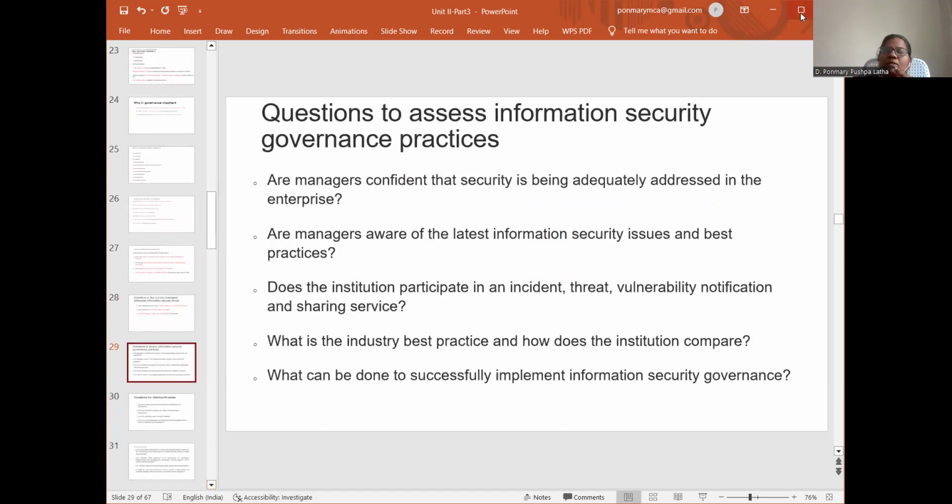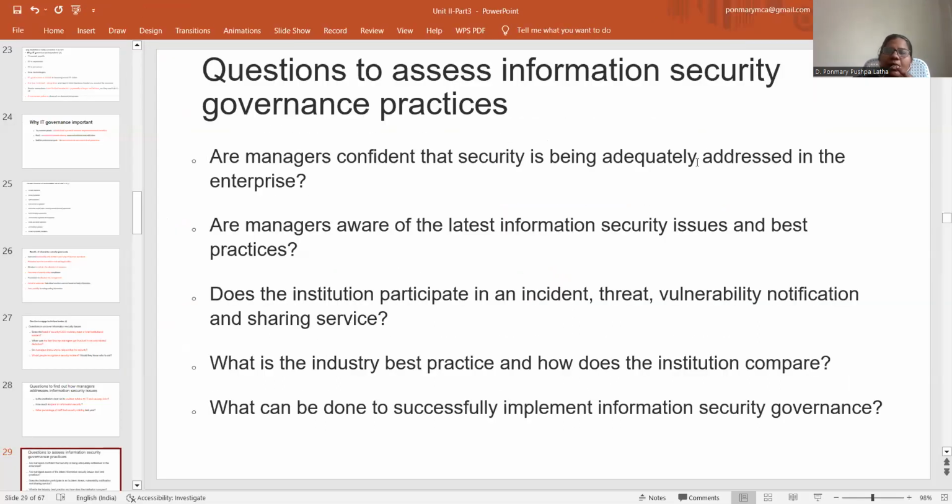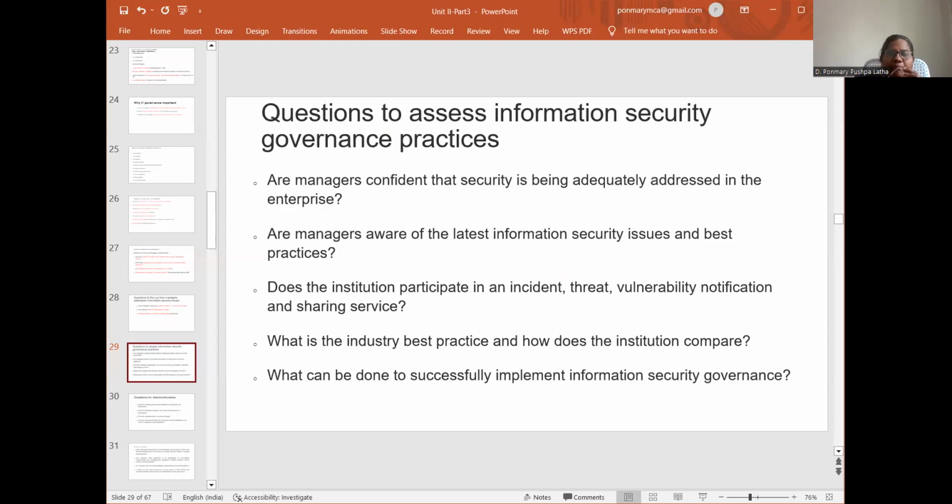There are some questions to be asked to assess information security governance practices. Whether the managers are confident, and whether the managers are aware of the latest information security issues and best practices.